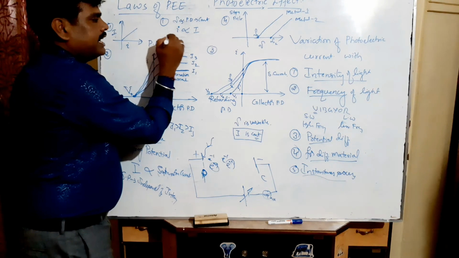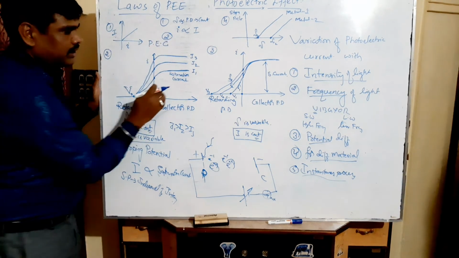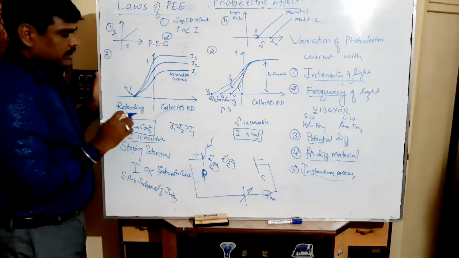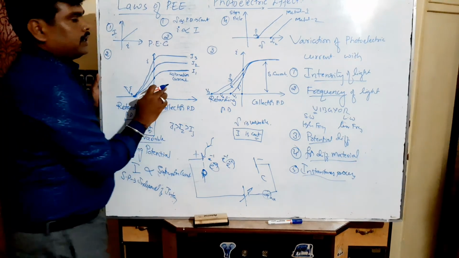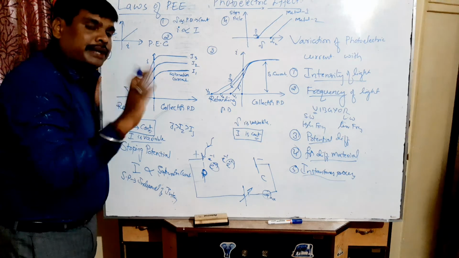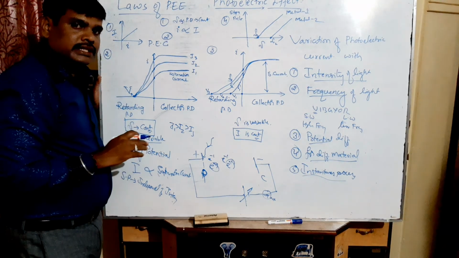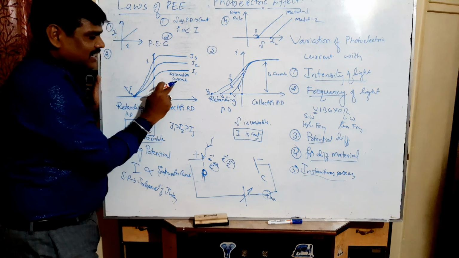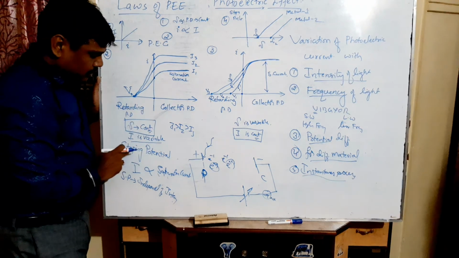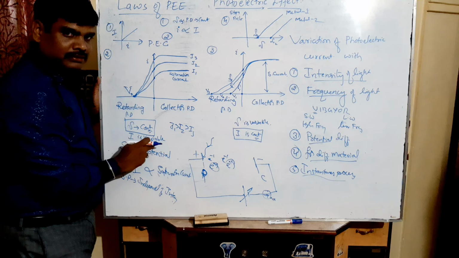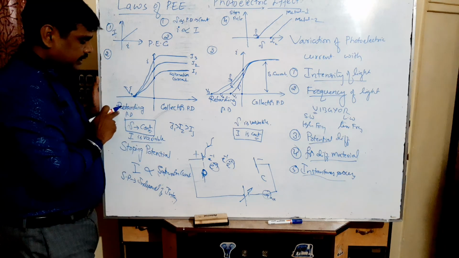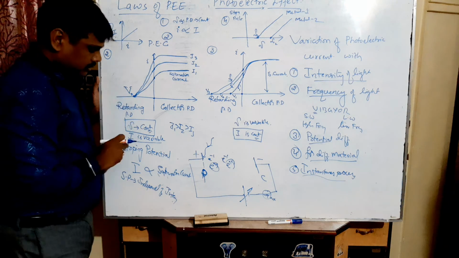I will go to the second law of photoelectric effect. With the help of these two, I want to write the second law. What is the second law? For a given photosensitive material, saturation current is directly proportional to intensity of light. But stopping potential is independent of intensity.